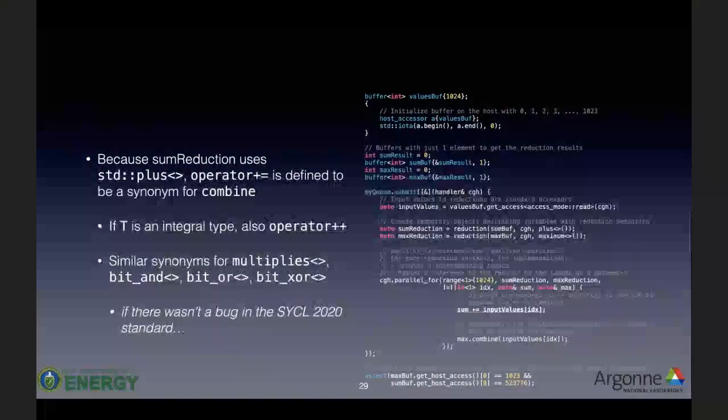Okay. The other question is, how would these reduction objects be different from SYCL atomic reference reductions? Do I know what SYCL atomic reference reductions are? Is that just a previous version?